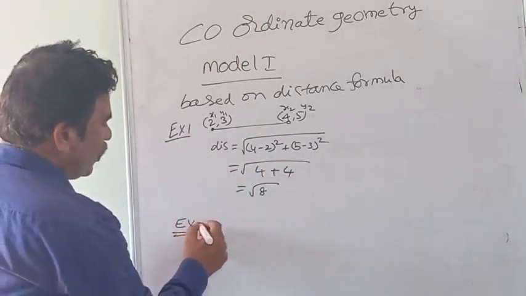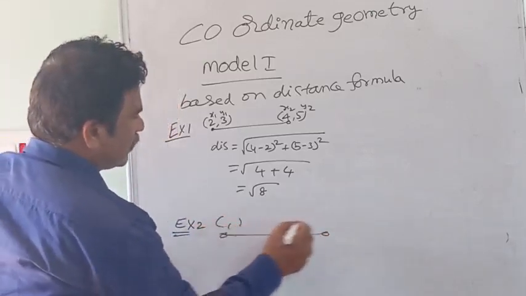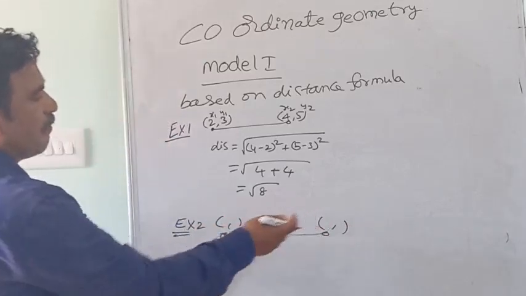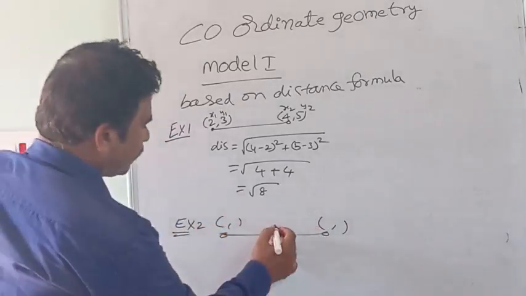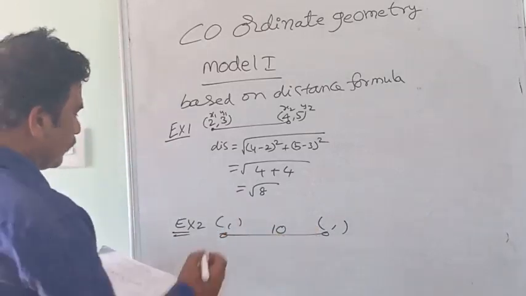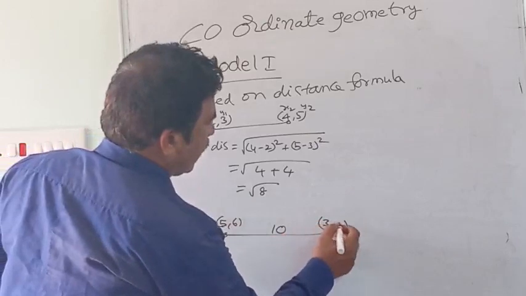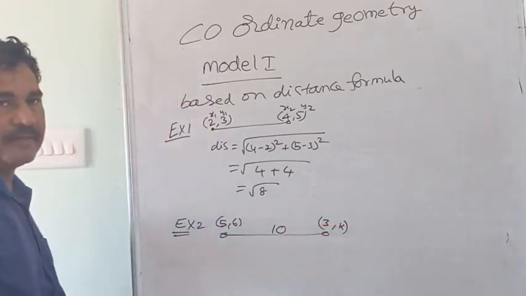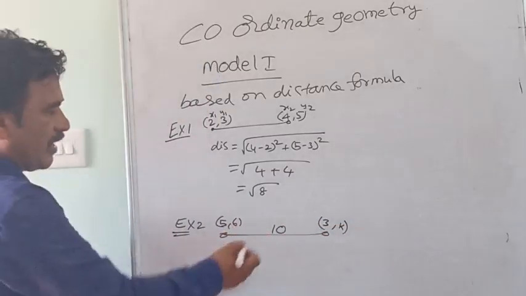Example 2, he gives the distance. That means 2 points are provided, in which something is missing, and the distance is provided. For example, the distance is 10, one point is 5, 6, another point is 3, k. What to do? Use the distance formula only, because the distance is given.